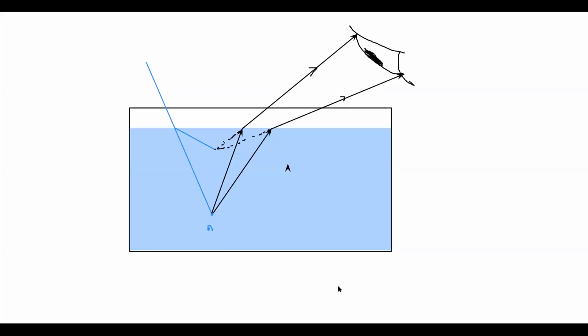I'll give different examples of refraction so you have a better understanding. Like, for example, why a swimming pool appears to be shallow.